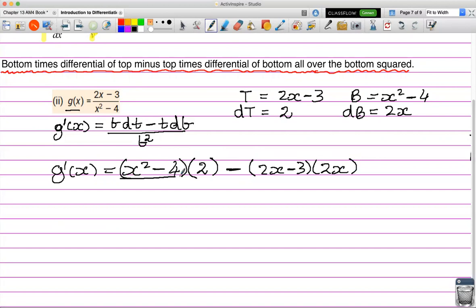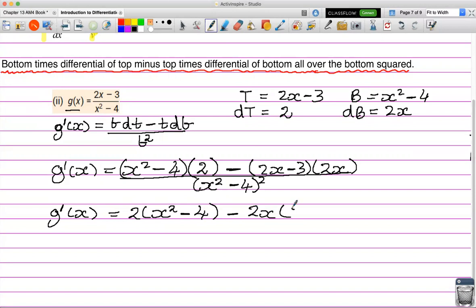And don't forget, all over the bottom squared. And the bottom, of course, is x squared minus 4, so that's all squared. You are expected to tidy the top up. You are never expected in an exam situation to expand the bottom. I think the textbook does that. It's wrong. Shouldn't be doing it.